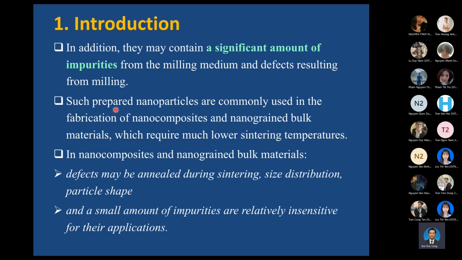Such prepared nanoparticles are also commonly used in the fabrication of nanocomposites. For nanocomposites, people very commonly use ball milling, or high energy ball milling. We call it high energy ball milling because this machine can rotate at a very high rotation speed, so the energy introduced to the powder is also very high.